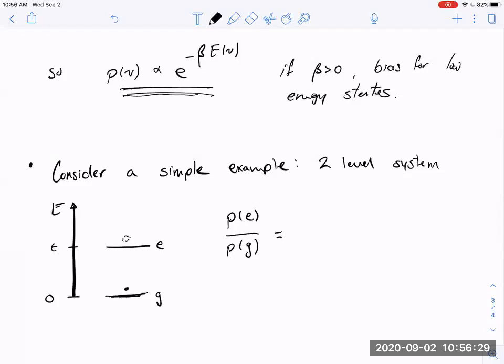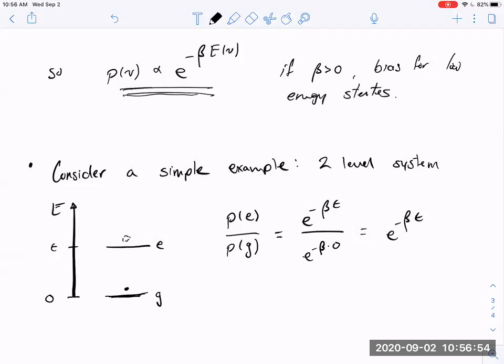Using the Boltzmann distribution, I find that that ratio is a ratio of exponentials. E to the minus beta epsilon is the energy of the excited state. E to the minus beta 0 is the energy of the ground state, which then can be simplified as that ratio yielding just e to the minus beta epsilon.